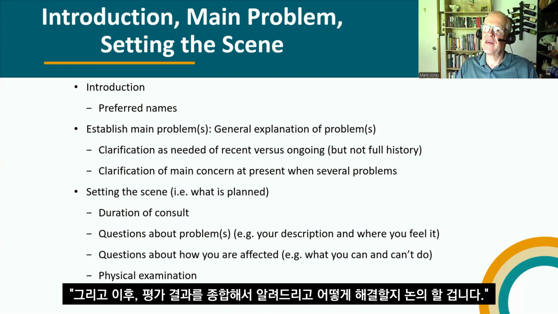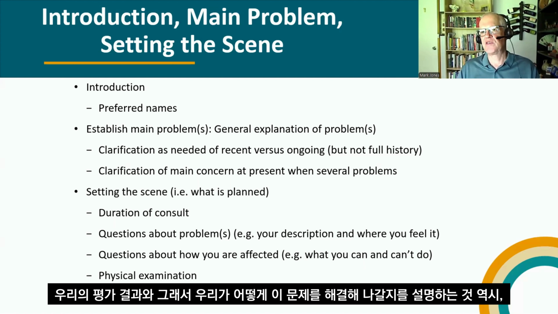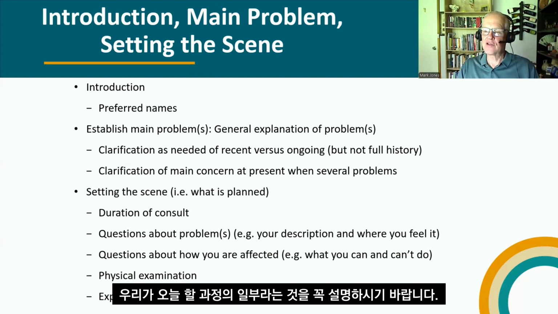And then at the end, I'm going to give you a summary of my analysis. It's really important the patient knows that's going to be part of the whole process, that I'll give you a summary of what I think is going on and what is my recommendation for management.